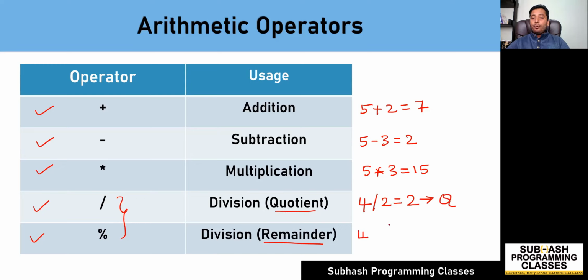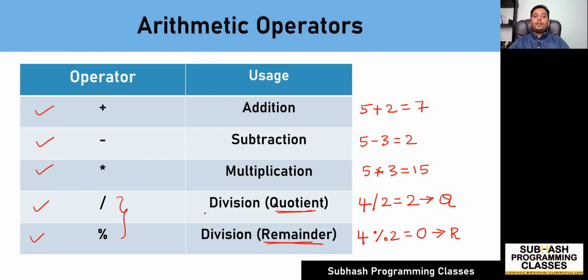And when I say 4 modulo 2, this will give me the result as 0, which is nothing but the remainder after dividing 4 and 2, right? So one thing that you have to keep in mind is that the division operator as well as the modulo operator both do the division, but the division operator will give us the quotient as the result, and the modulo operator will give us the remainder as the result.